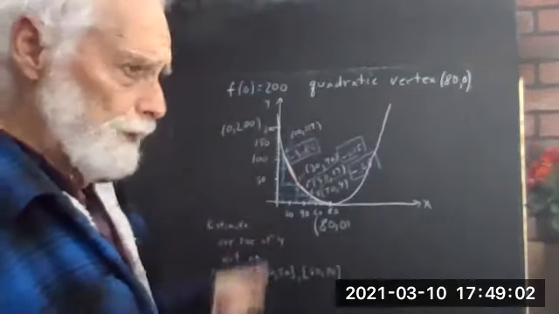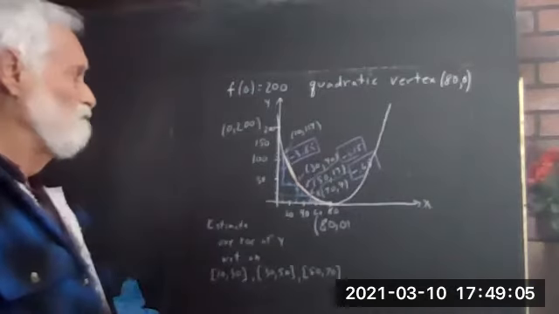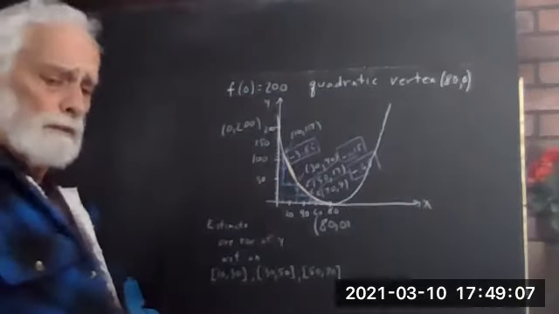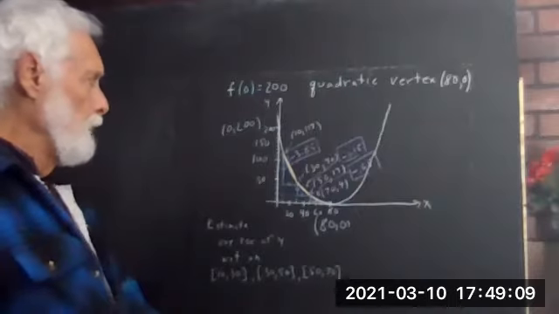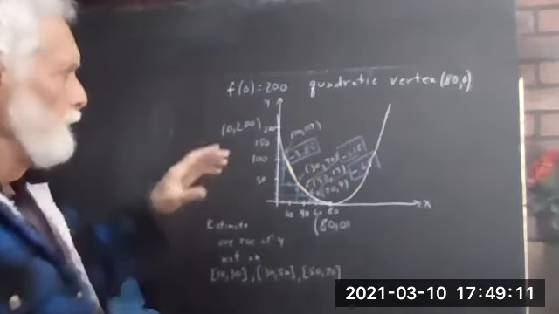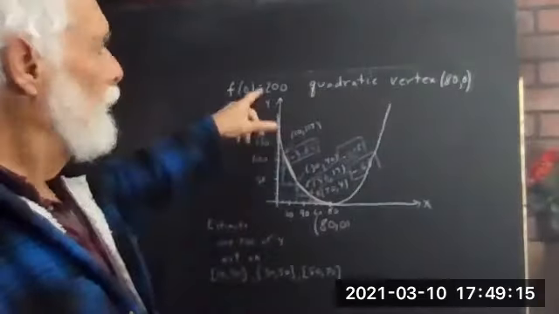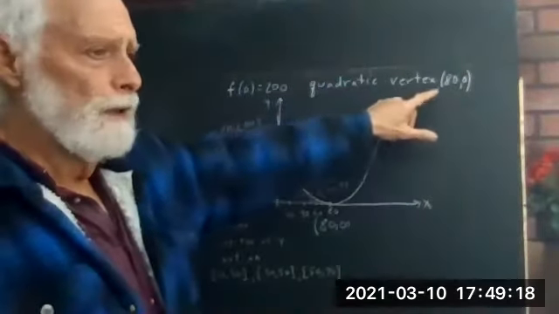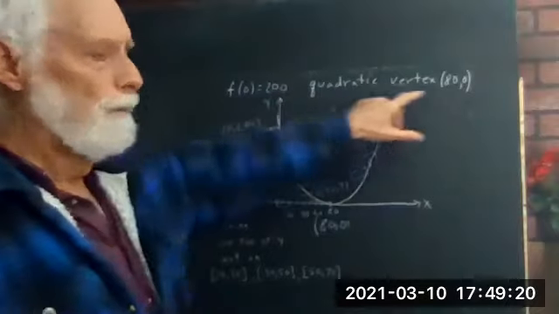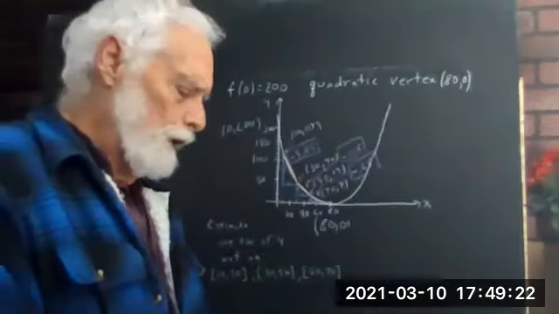And that's related to some of the things that you're asked to do on the take-home exam. Okay, so I wanted to illustrate, though, how we can take a sketch of a parabola and make it fit conditions like this.